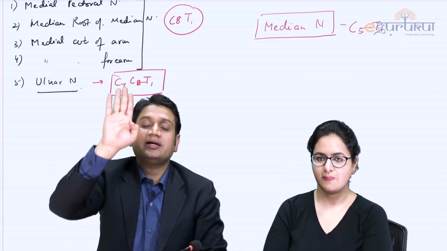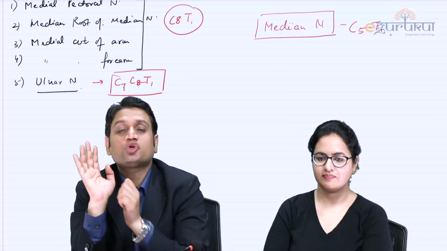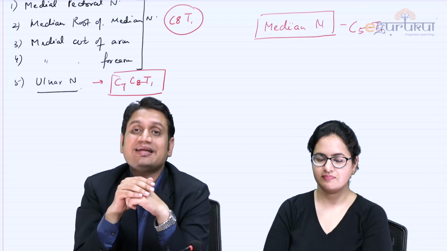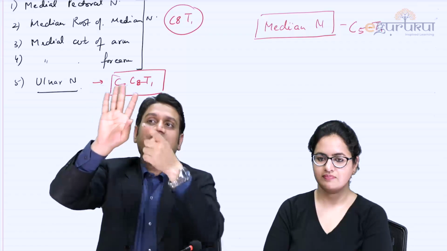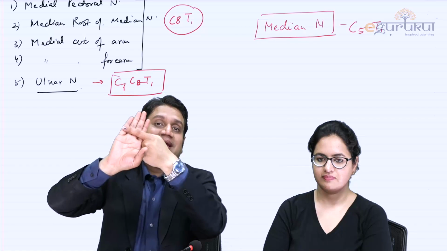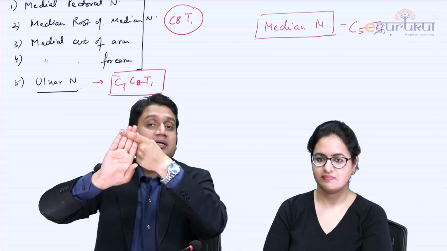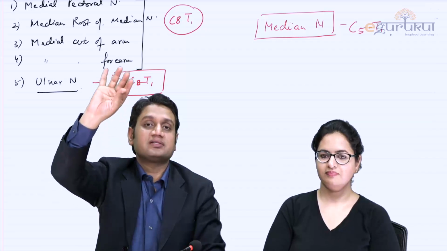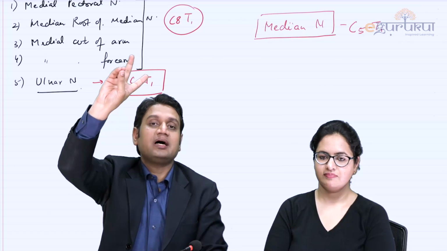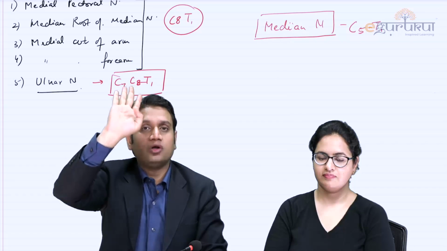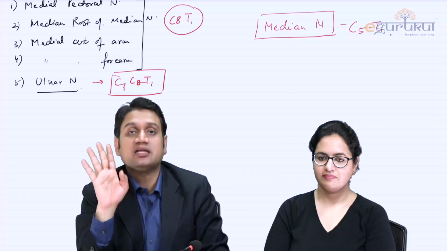Similarly, the FDP, flexor digitorum profundus, and superficialis. You all know that FDP supplies the distal IP joints and flexor digitorum superficialis supplies the proximal IP joints. But this FDP of these three fingers is median, of these two, ulnar. FDS of all four fingers gets a supply from the median nerve.